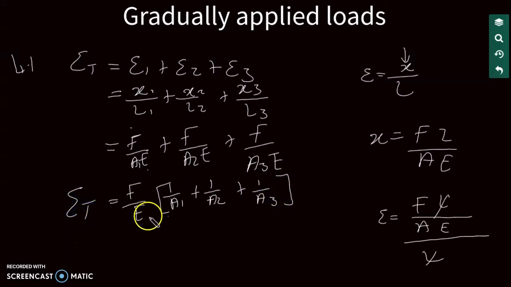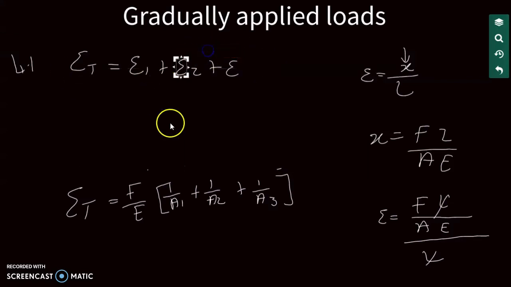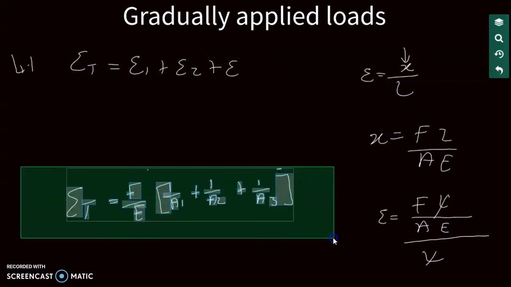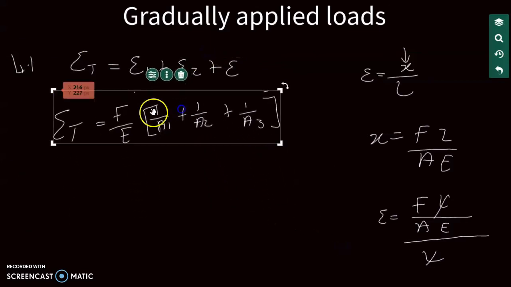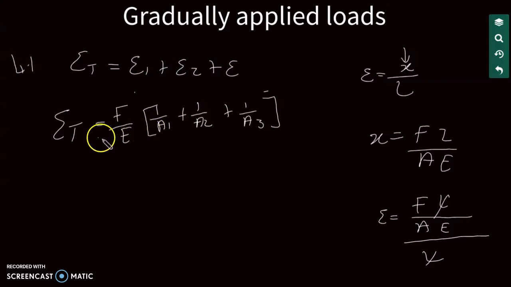The total strain. We are looking for the diameter, the minimum diameter of section number 1. Therefore, we are going to make the area, which is area number 1, the subject of the formula. So let's do this. So let's make area number 1 the subject of the formula.